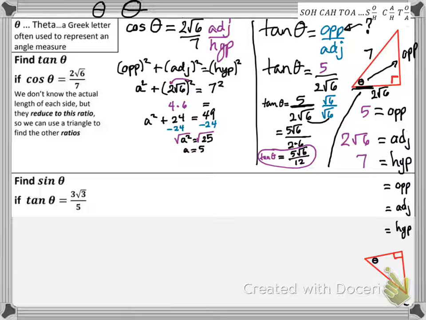The next example wants us to find sine given tangent. So let's write down what we know. The tangent of theta equals 3 root 3 over 5. Let's write down what we want to know, the sine of theta.